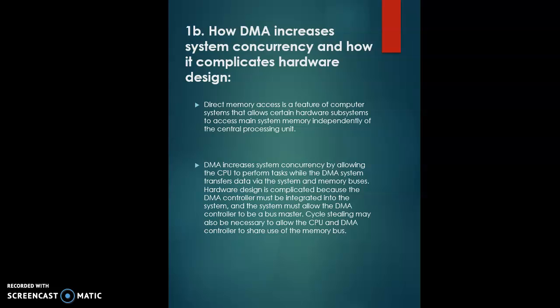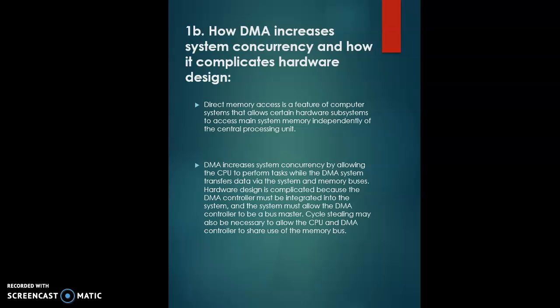So direct memory access increases system concurrency by allowing the central processing unit to perform tasks while the direct memory access system transfers data via the system and memory buses.